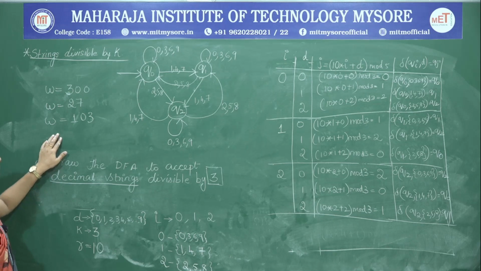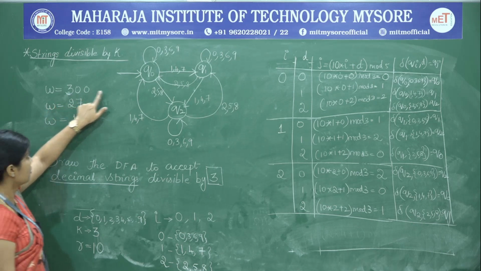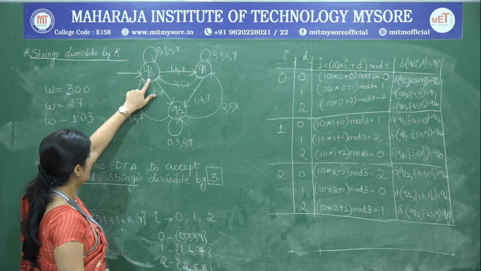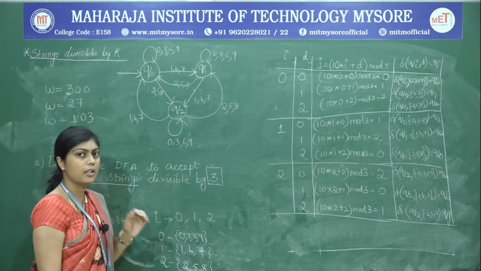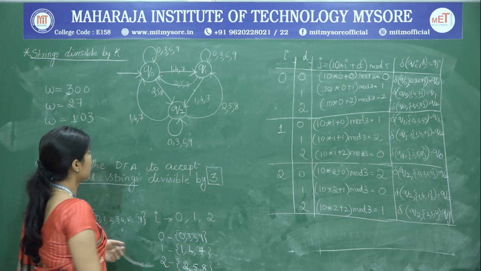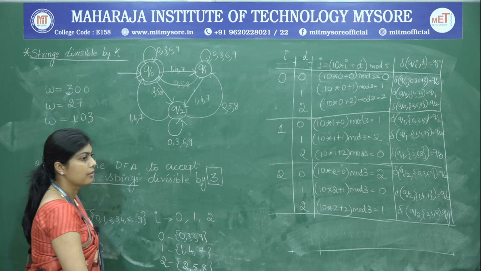So, we have these strings here. We will see which of these are accepted and which are rejected. Before we do this, we will have to determine the final state, and we are interested in 0 modulo 3. Therefore, q0 is going to be the final state.